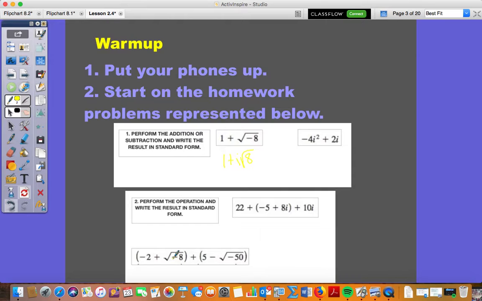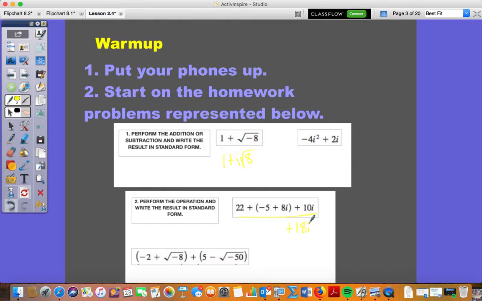Number 2 is probably easier, where you can't add and subtract a whole number and an imaginary number, right? So if you look at this, what could I combine on number 2? We'll do this one here. Good, which would be? 18i, good.